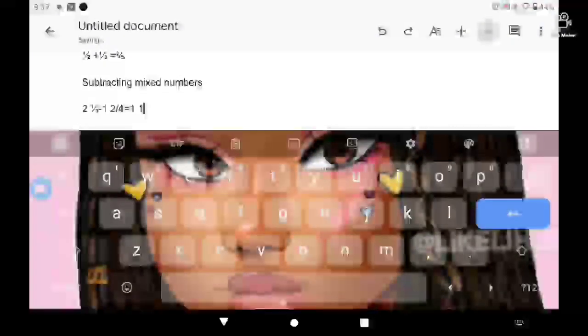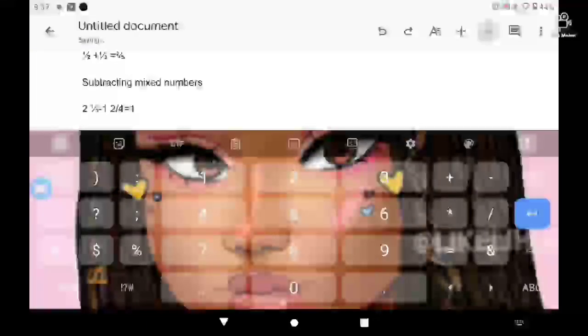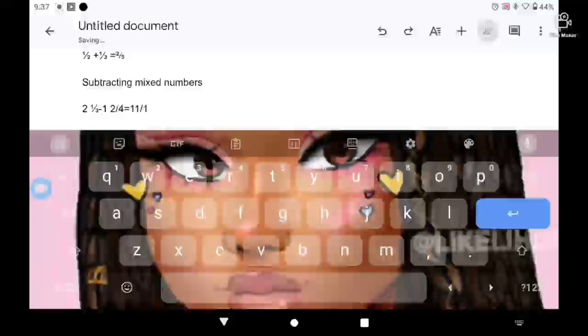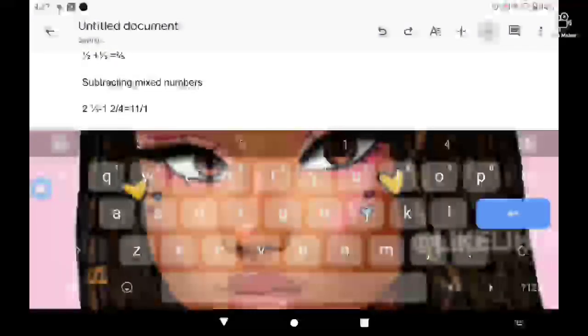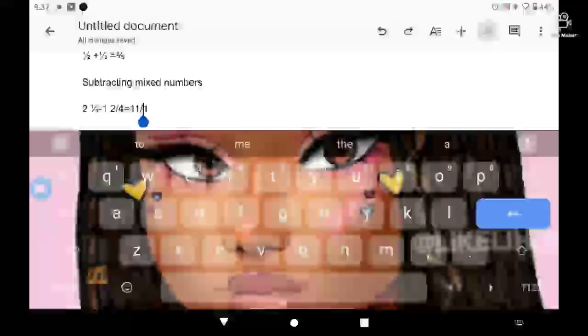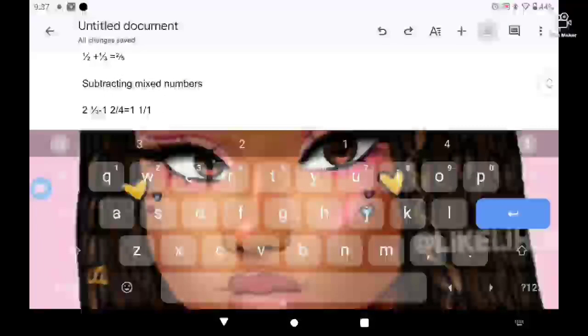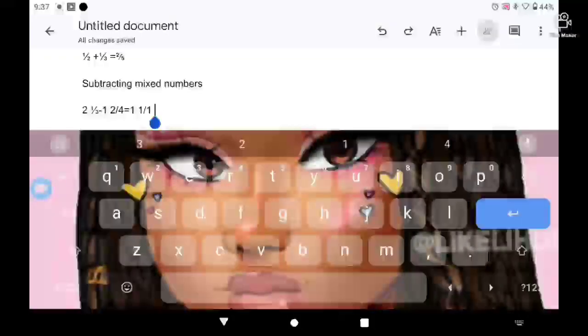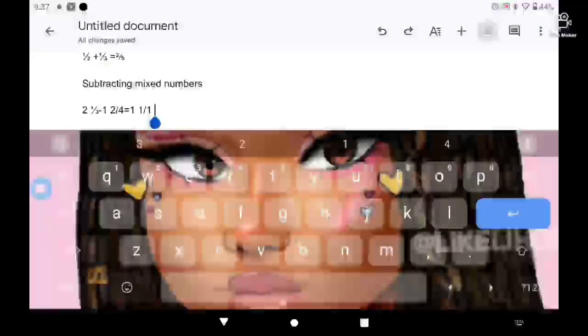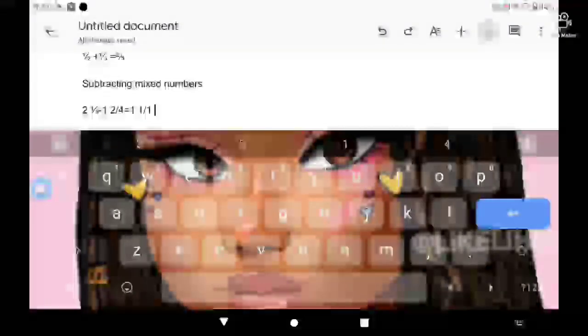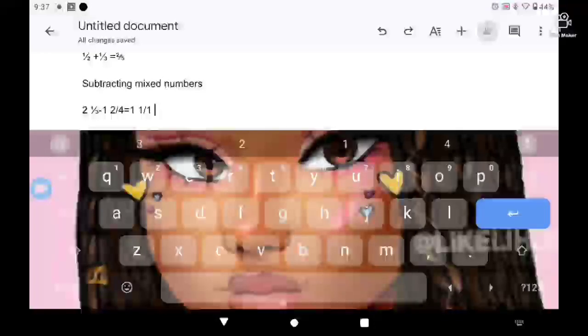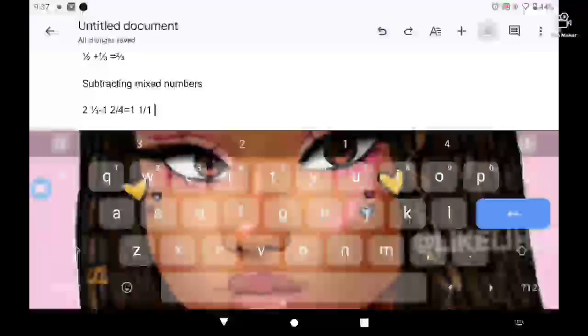Just paste it right here. Sometimes it doesn't go small like this, so you guys have to bear with me. Just know that it's 1 and 1 over 1, which is equal to 1 whole.